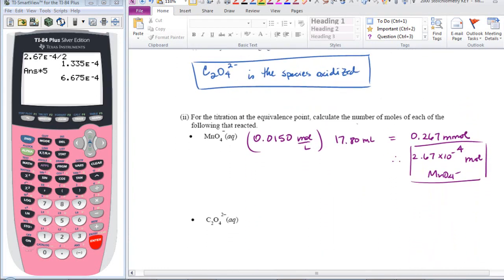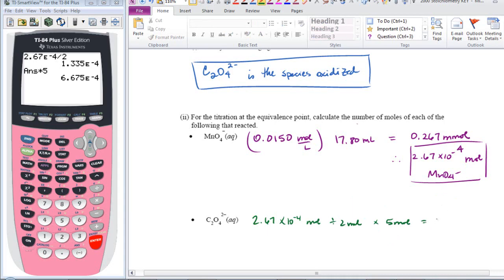So it's okay to just write that down, to just say the 2.67 times 10 to the minus 4th mole, divided by 2 and then multiplied by 5. And you can put the rest of the dimensional analysis in there that makes you happy, or you could simply say see above.